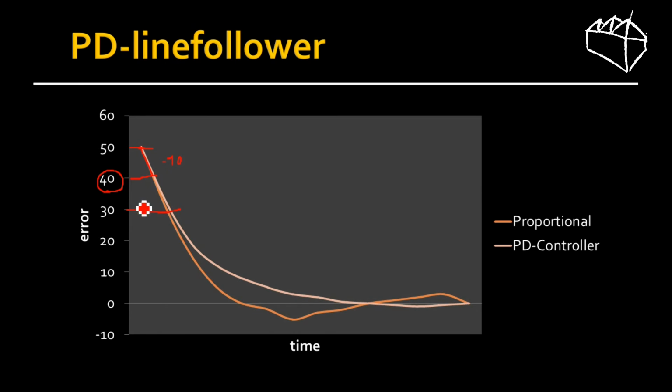So the derivative can predict the future by just measuring this difference, and then it knows what approximately the next error will be.